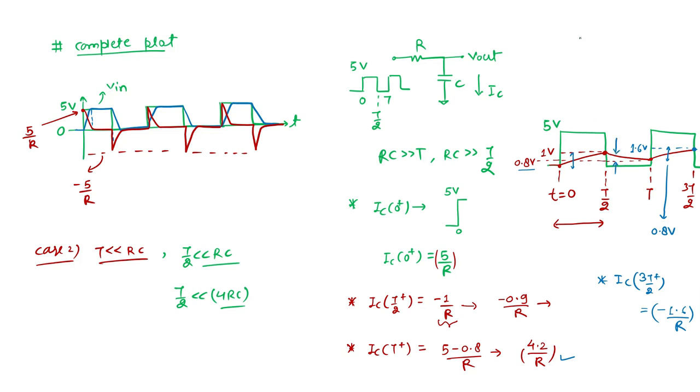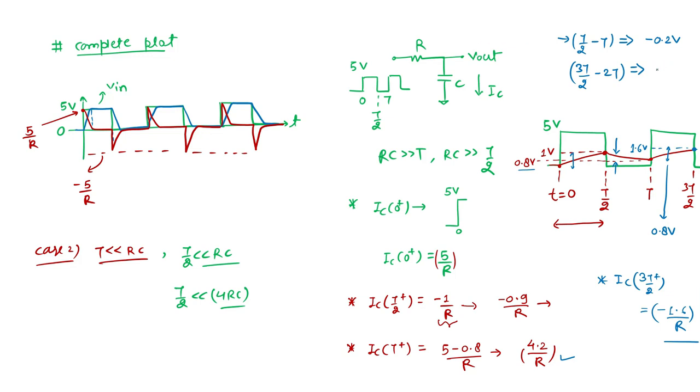From t by 2 to t, how much change was happening? The change was like 1 to 0.8, meaning it was minus 0.2 volt. Okay, but here from 3t by 2 to 2t, the initial slope is more, which is nothing but minus 1.6 by R. It means this delta change will be larger than that.